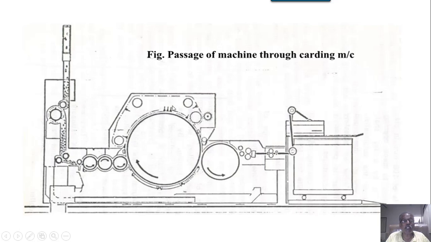Then it will be processed further as usual, as in the conventional card or the card we have just seen. On the delivery side, you have the doffing mechanism, the crush calender rollers, and then the coiling arrangement and doffing system. So this is quickly the passage of material through the modern carding machine.